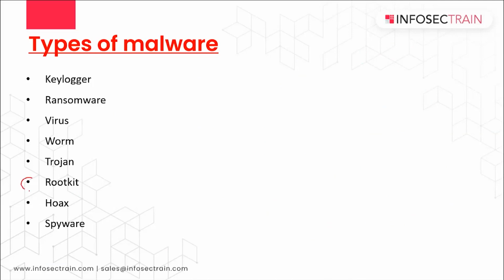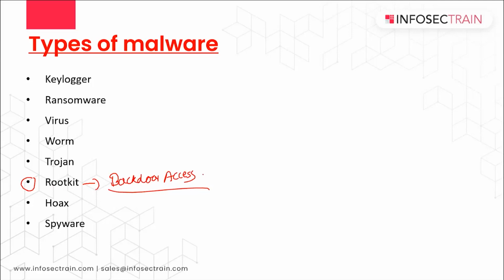Now there is something like the rootkit. So how is the rootkit going to be a bit different from the others? If I say a rootkit gives you backdoor access to any system, then how is a rootkit different from the others?